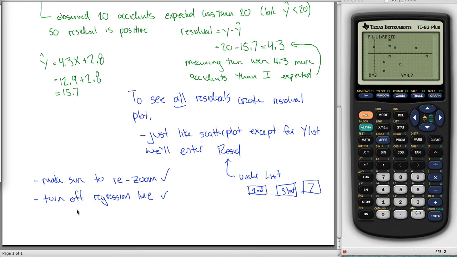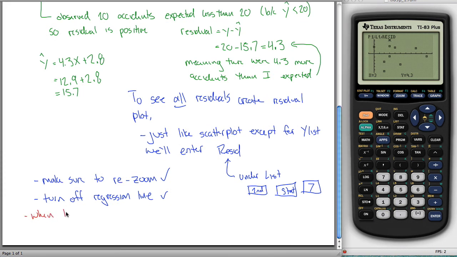And then I'm going to add two more things. When looking at your residual plot, there's kind of two things to look for.